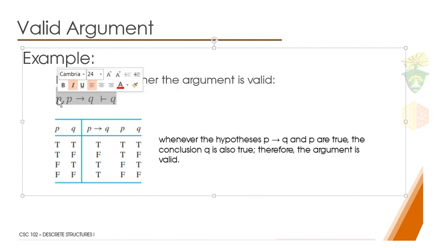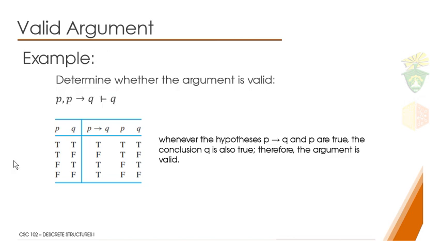So the very easy way to do this is to construct a truth table. Okay? So let's look at the values of all of these. First, we look at which single propositions we have. We have P and Q involved in this argument. So we plot in the truth table the possible combinations of the two propositions.